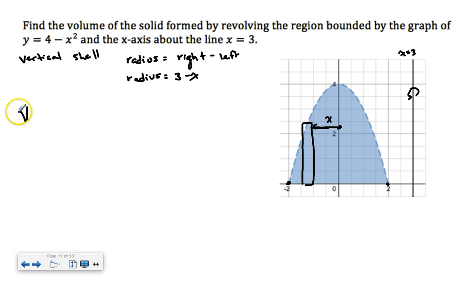And so the volume of the shell is going to be 2 pi times the integral from -2 to 2 of the radius, which is 3 minus x, times the height of the parabola, or the height of the rectangle, 4 minus x squared dx.